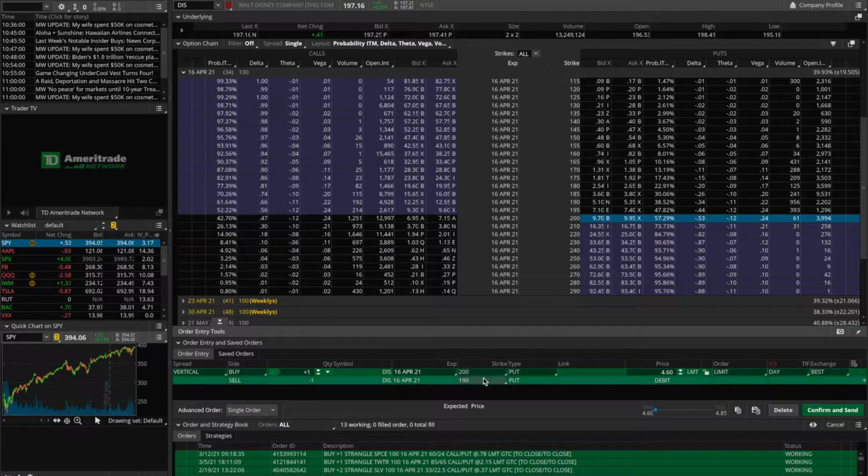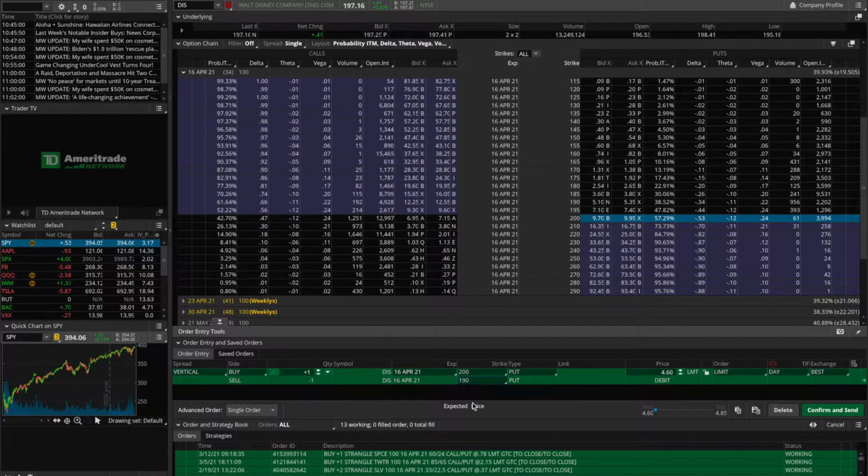So if you made $1,000 trading the stock, but you spent $460 for this position in the first place, then the overall net result is you still walk away with a $540 profit. And that is the most amount of money you can make on this position. Because no matter how far Disney falls in price, you will only ever be able to buy shares at 190 and sell them at 200. So that is the best case scenario.